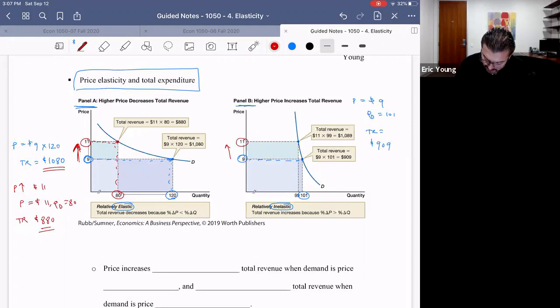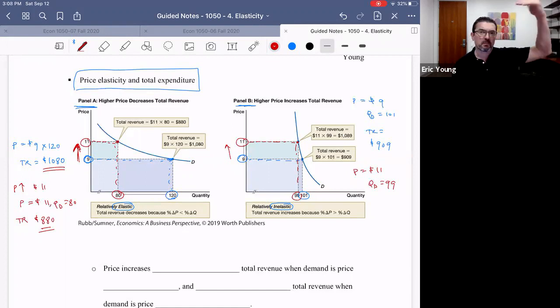At $11, we go over, we go down, and look at that. At a price of $11, the quantity demanded is 99. You know, both from the definition of inelastic and from these numbers, that clearly the customers in this market are not all that price sensitive. The price went up by a pretty decent amount and they only lost 2 customers. It's a small percentage, right?